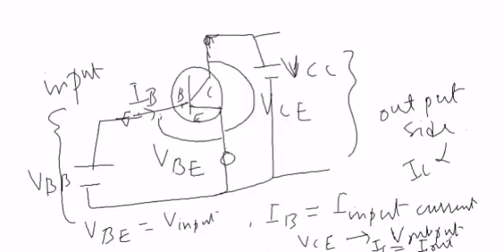Here the IC current is directly proportional to the IB current. If you increase IB, IC is also increased.